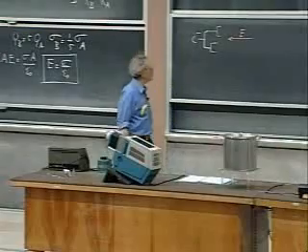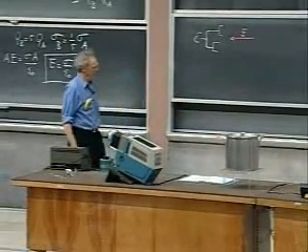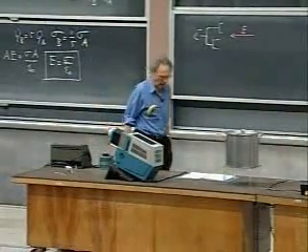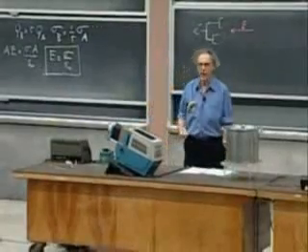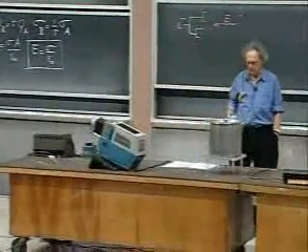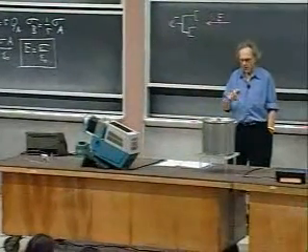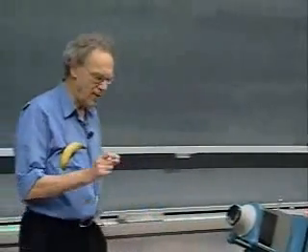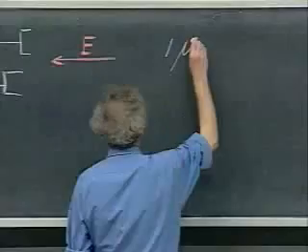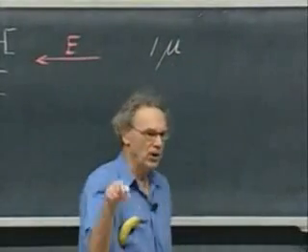How strong should the electric field be? Well, we can make a back-of-the-envelope calculation. If you take dry air at 1 atmosphere and room temperature, then the electron, on average, will have to travel about 1 micron, which is 10 to the minus 6 meters, between collisions with the molecules.